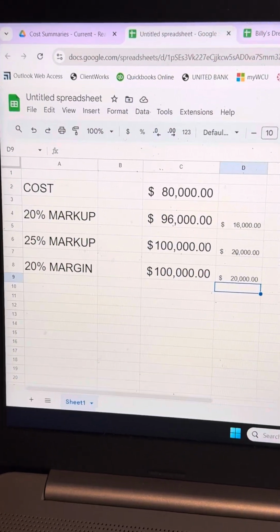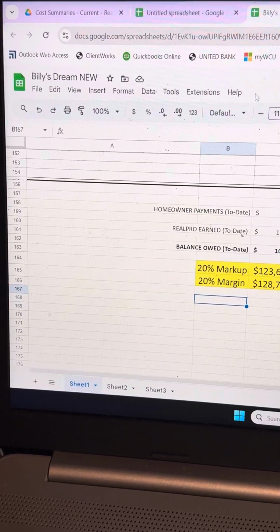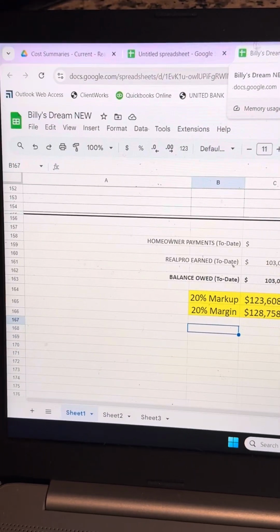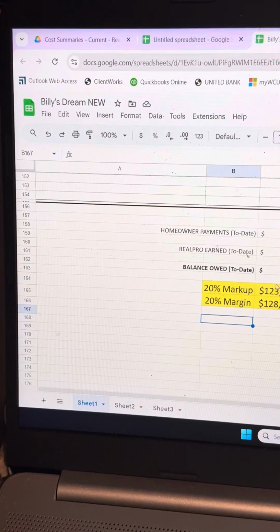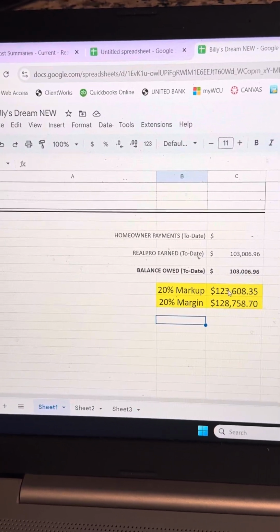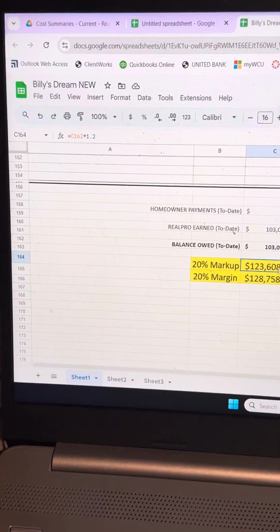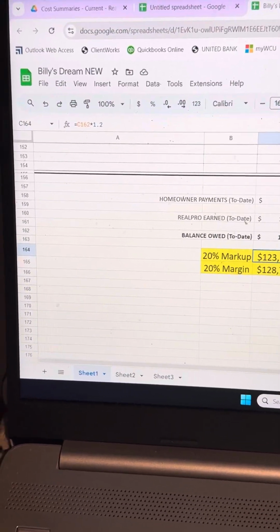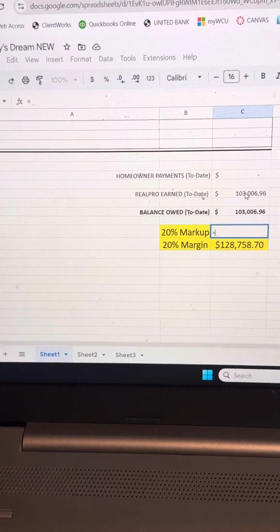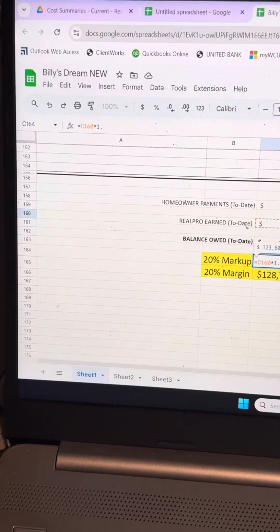Now, so you could see it on some others, I have done it to Billy's Dream, and I've also done it to Cattle Run, so I wouldn't have to remember where I put it, and then screw up a client's cost summary. So once again, we're multiplying the expenses times 1.2.